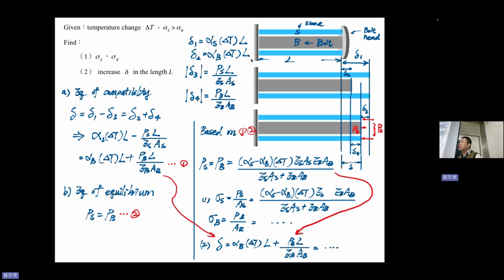Statically indeterminate system, 静不定 system, is all related to thermal conditions. When you heat up, you can generate thermal stress.